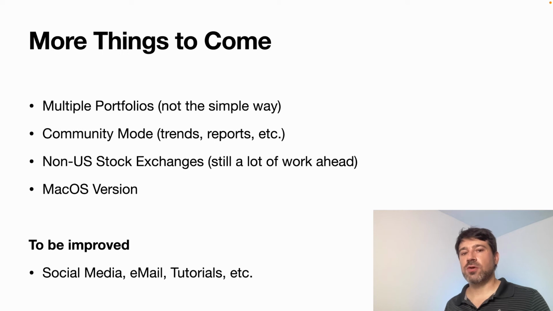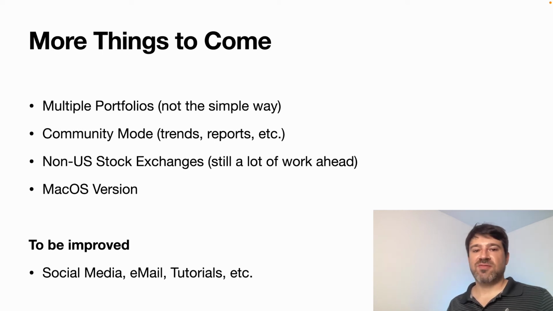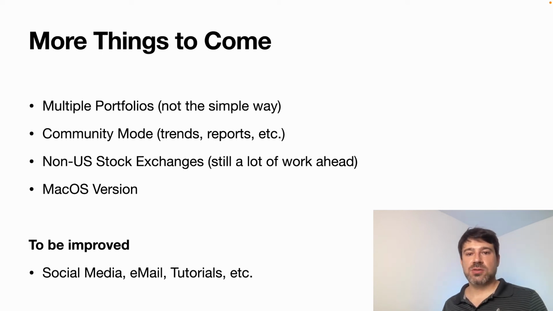So I want to have a way to have multiple portfolios, but to define sets of stocks across portfolios. For example, you have growth stocks, you have value stocks or whatever, and you can define those groups, but you can also have multiple portfolios. And this will take some work to integrate into the application.